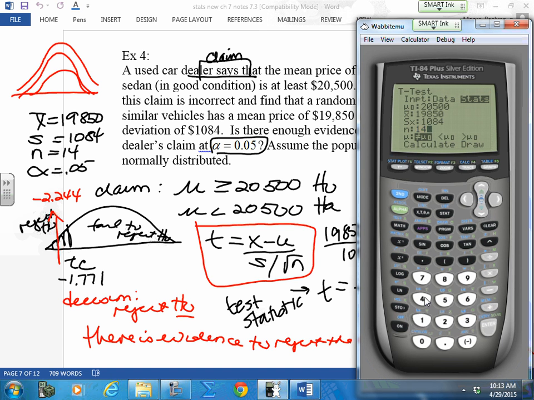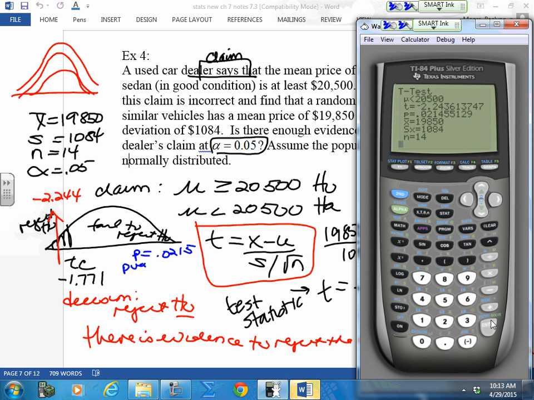Follow your tail for your HA. Your HA is less than. Calculate. There's your T that we found. Look, there's your p-value. So if you wanted to, you could test your p-value. Your p-value is 0.0215.